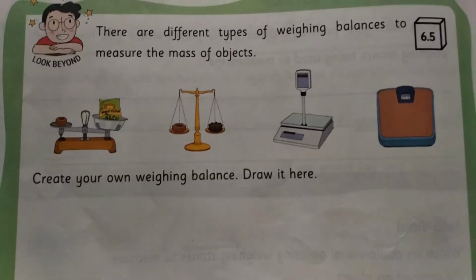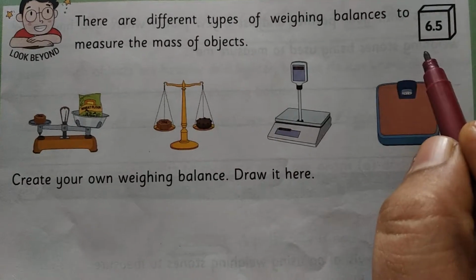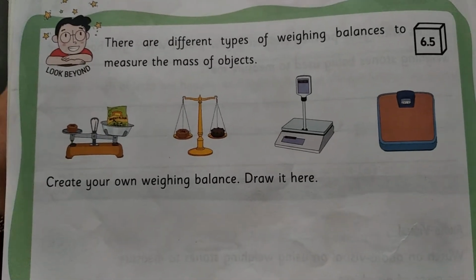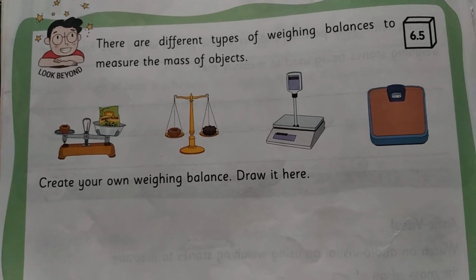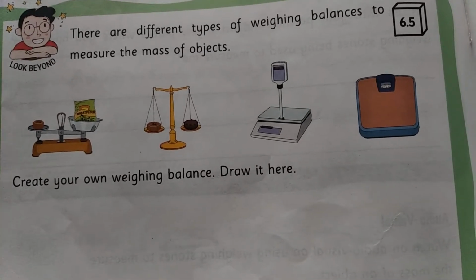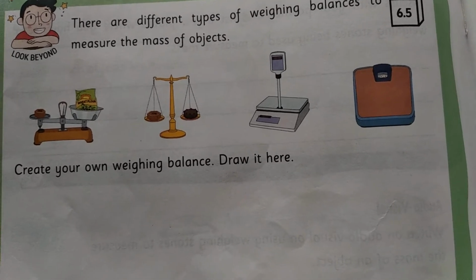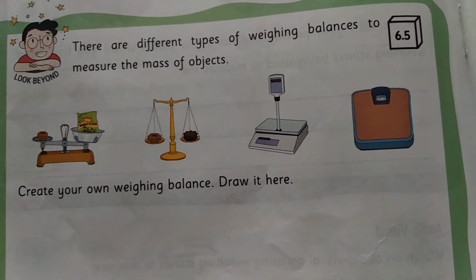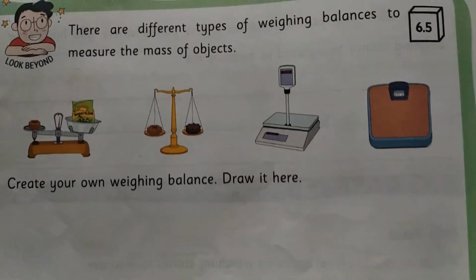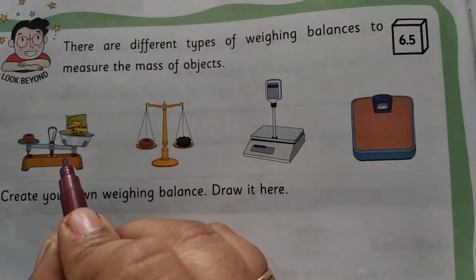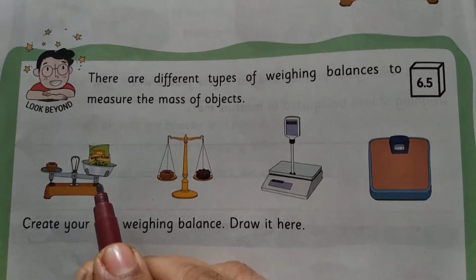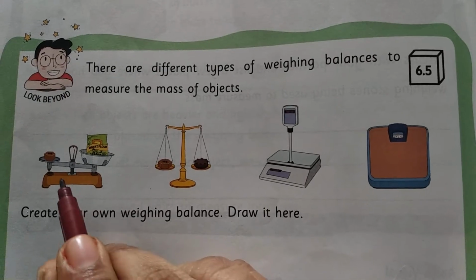Next we are going to see activity 6.5. There are different types of weighing balance to measure the mass of objects. To find the mass of the objects, see, these are the different weighing machines. See the first one. Have you seen it in any shop? Yes, in a vegetable shop and a grocery shop they have one like this.